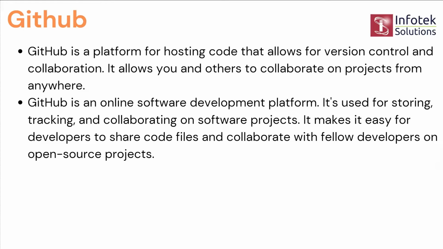GitHub is an online software development platform. It's used for storing, tracking, and collaborating on software projects. It makes it easy for developers to share code and files and collaborate with fellow developers on open source projects. So basically, this is a platform where you can easily upload and collaborate, and you can connect with your team members. So this is about GitHub.